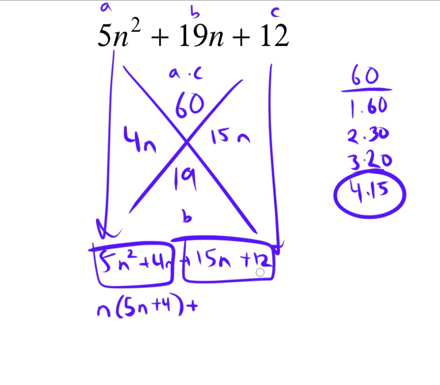I think I might have missed one. But the whole point is these two have one number in common that's really easy to see, 3. So I'm going to divide them both by 3, and I get plus 3 times 5n plus 4.